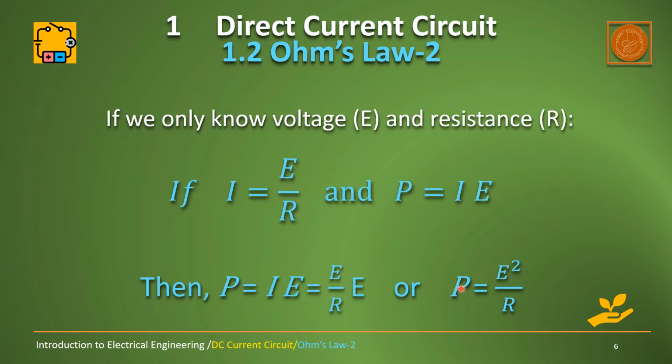So the power formula changes to P equals E squared divided by R. It means that if we only know the voltage and the resistance, we can directly calculate the power using E squared divided by R.